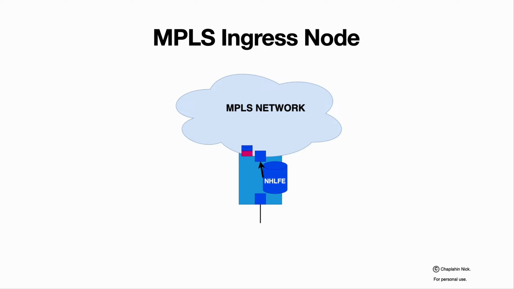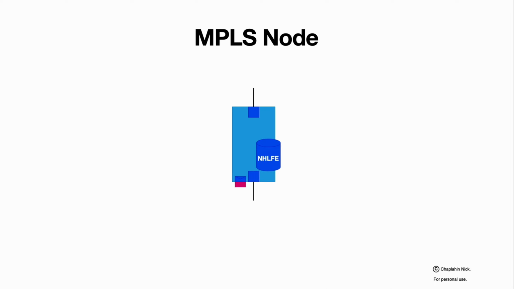Then appears an NHLFE table where we initially read information and then send this labeled somehow, stacked or overwritten, packet to MPLS network, where standard MPLS node is working. We receive labeled frame, check an NHLFE table, and forward according to the information that is stored in this NHLFE table, next with new label.